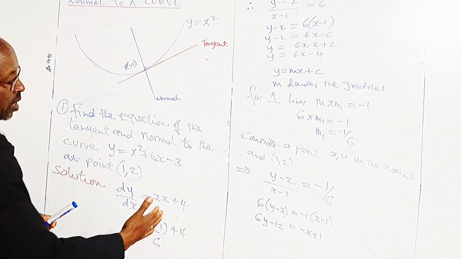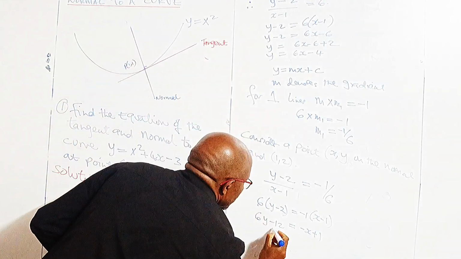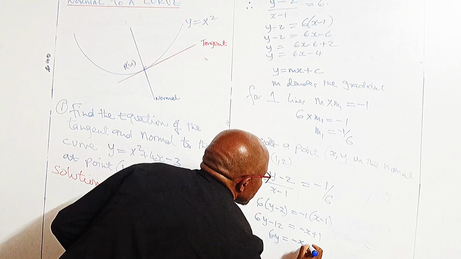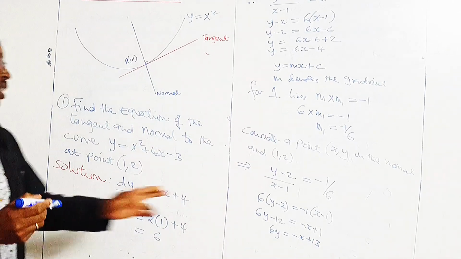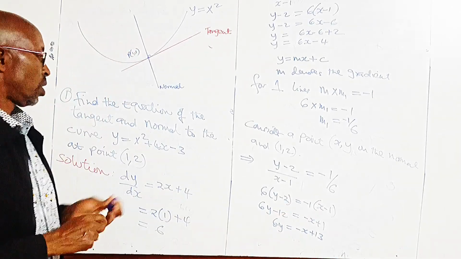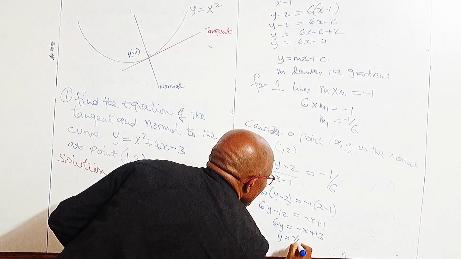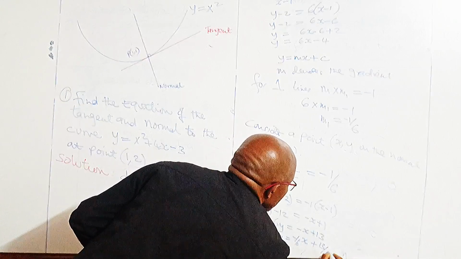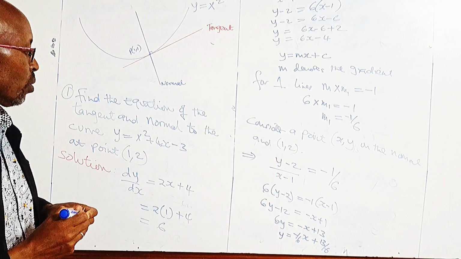You take -12 to the other side, so we'll be left with 6y is equal to -x + 13. The moment it crosses the equal sign, the negative becomes positive. So our y will be equal to -1 over 6 x plus 13 all over 6. That is the equation of the normal.